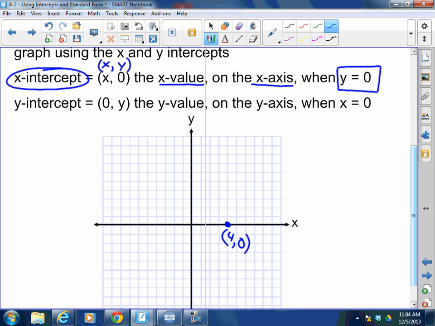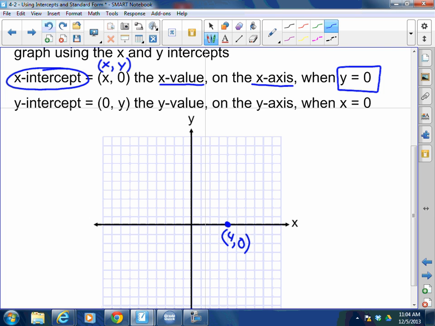I'll repeat that: if I want to find the x-intercept, simply replace the y with 0 and solve for x. When you write your point of the x-intercept, though, please remember, it's the x value, comma, 0. Okay? That's the x-intercept. Does that make sense so far?